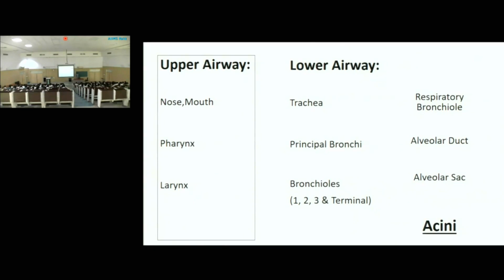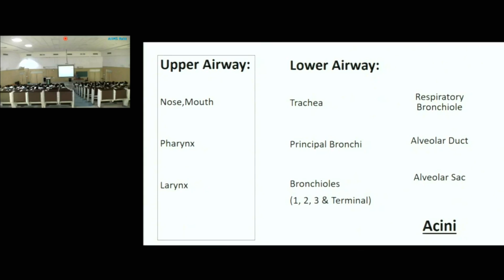So there will be cilia on the epithelial surface. Below this epithelial layer, there will be a layer of subepithelium, and this subepithelium contains the submucosal glands. They are normally present, right?